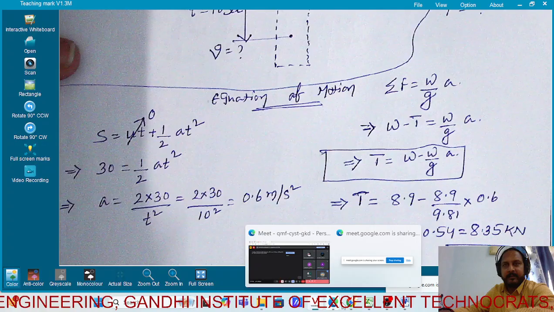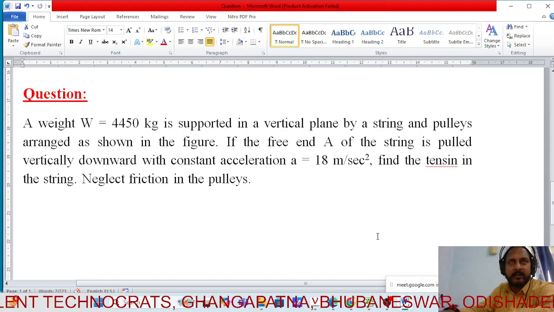Clear? And how it is supported? With the help of a string and a pulley, as shown in the diagram. I'll show you the figure also. So the weight supported here is 4,450. If the free end A of the string is pulled vertically downward with a constant acceleration a equal to 18 meter per second square, find the tension in the string.